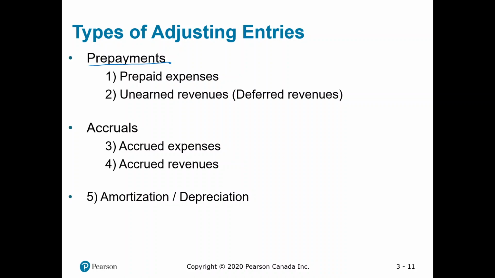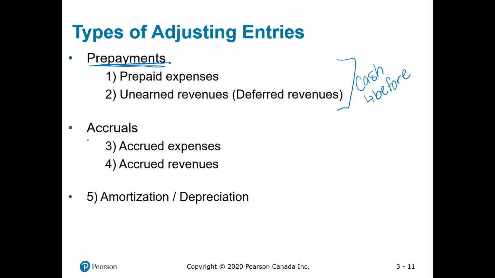That may also be referred to as deferred revenue, but they mean the same thing. So as it says, these are prepayments. For these 2 types, cash changes hands before. Cash is either paid or received before the revenues or expenses actually are ready to be recognized.